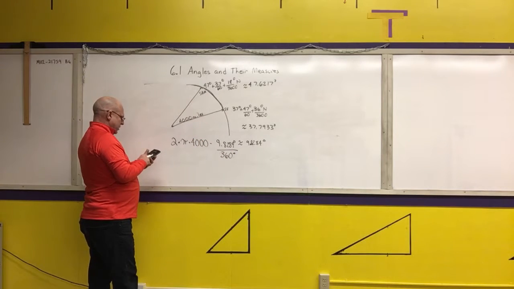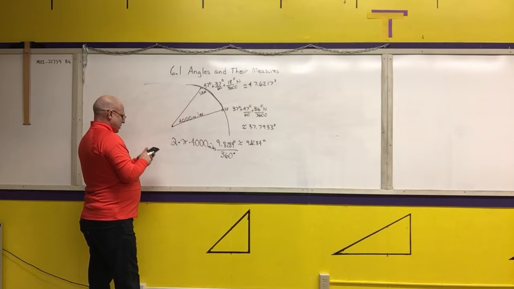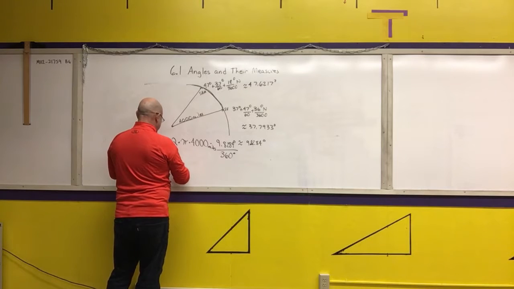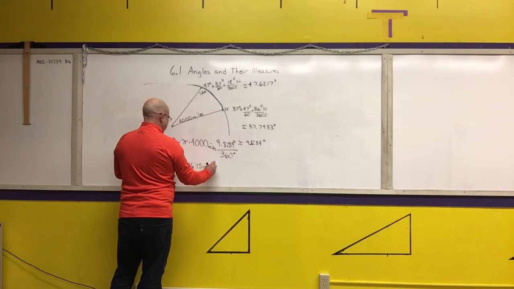So 2 times pi times 4,000. That's miles, is our unit. Times 9.8284 divided by 360 equals, and I get approximately 686.15 miles.